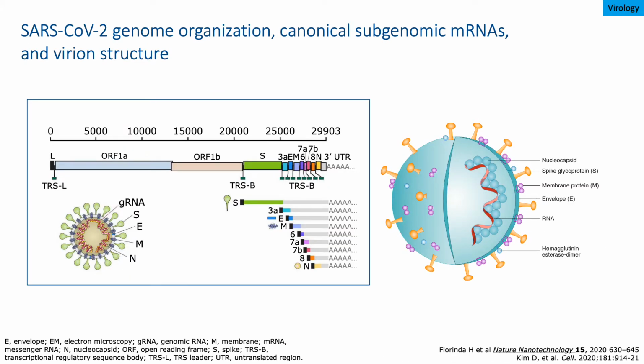Let me turn first of all to the structure of the SARS-CoV-2 virus. On the left-hand side, a cartoon depiction of the genome and the genes that are contained therein. I want you to focus particularly on the green bar. This is the sequence that codes for a so-called spike glycoprotein. Now, if you turn your attention to the right-hand side of the slide, you'll see a schematic of the virus itself.